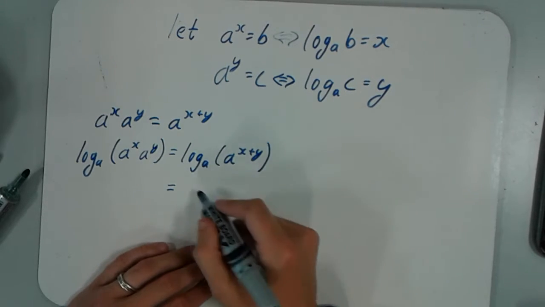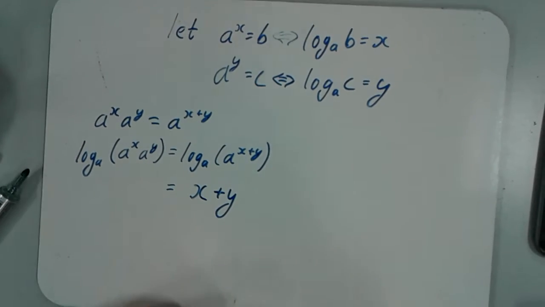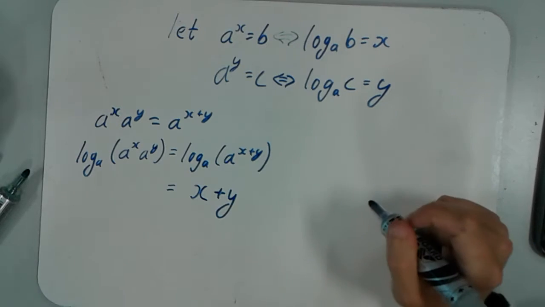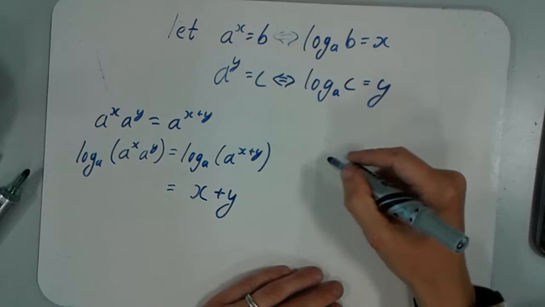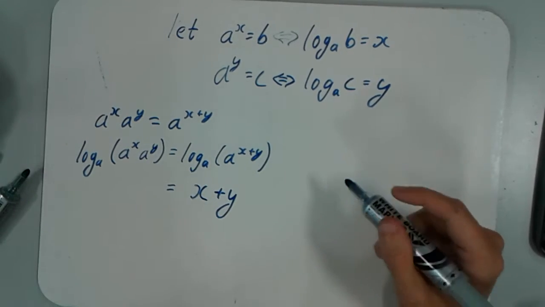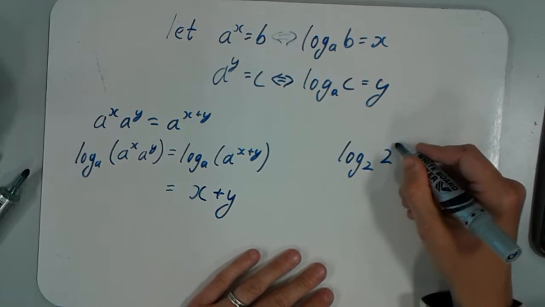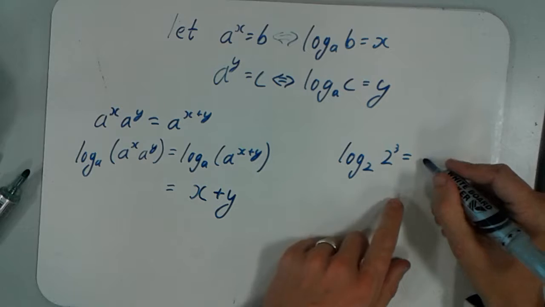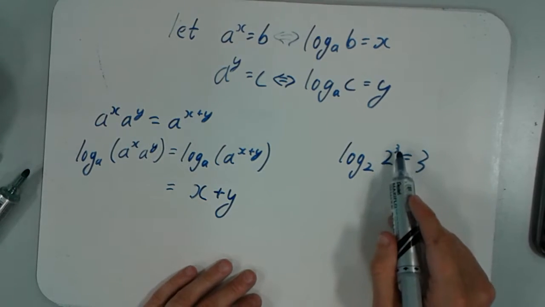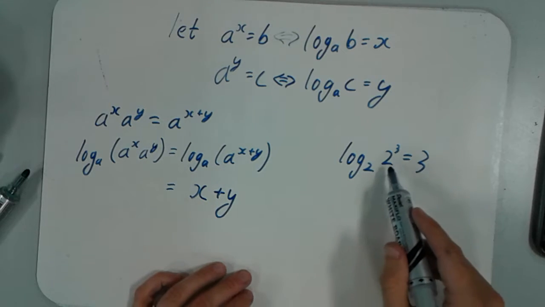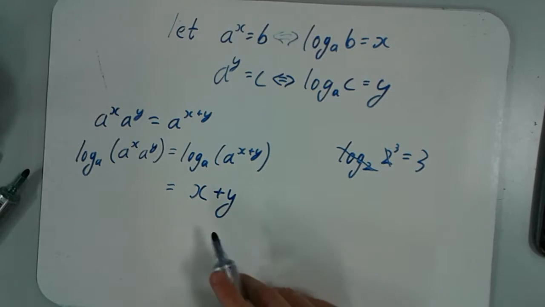So I can replace this side with x plus y. You can think of log base a as being the inverse operation of a to the power, so these two essentially cancel each other out. If I do log base 2 of 2 cubed, I will get 3. 2 to the power of what is equal to 2 cubed? 2 to the power of 3 is equal to 2 cubed. They essentially cancel each other out.